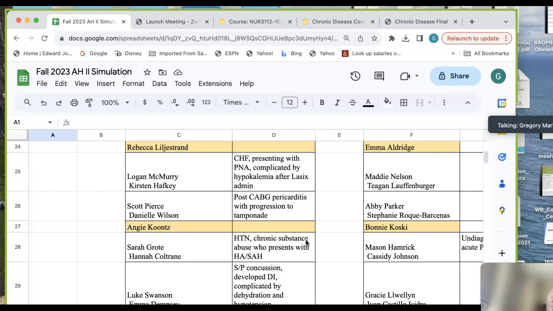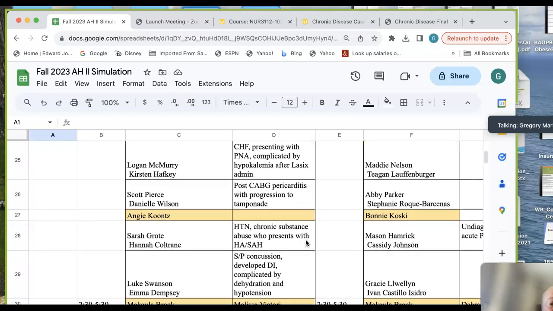Danielle is also playing a student nurse or a CNA, however they want to set up that scenario, because they've been working together for the last couple of months and playing off those roles. So Logan's the patient, Kristen is a friend or someone helping progress the scenario, and Scott and Danielle are assessing Logan in his CHF pneumonia state. Got it. That's a good question.